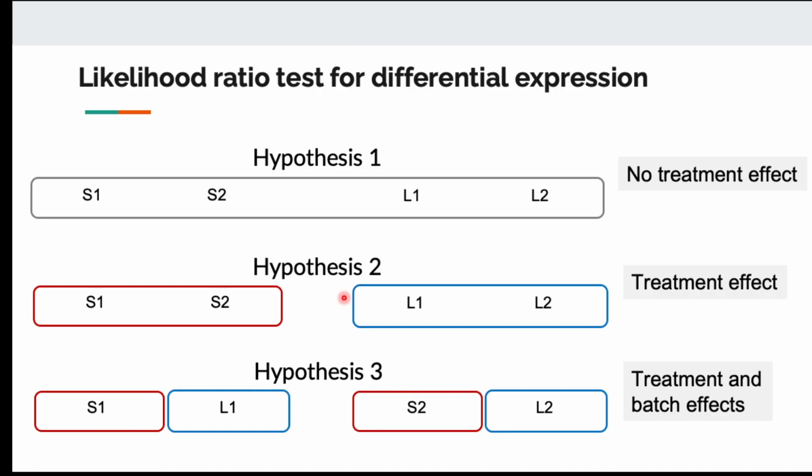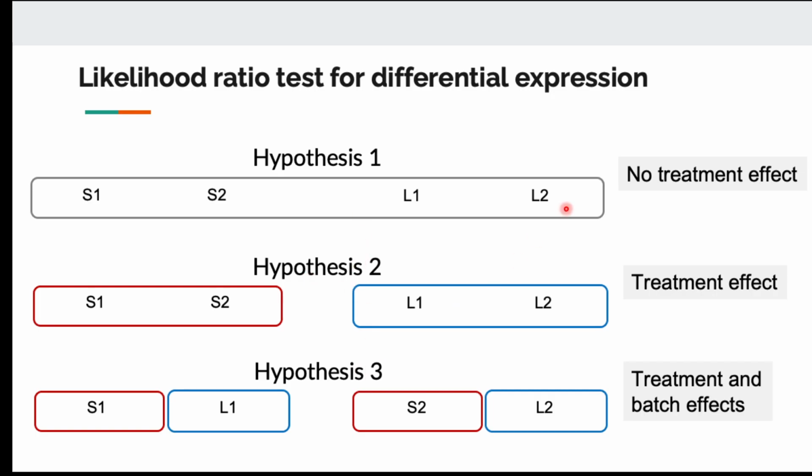But if your gene is different between S and L, your hypothesis 2 might fit the data better. But if your gene not only differs between S and L, but also differs between batches, your third hypothesis might give you the best fit. So you can compare the likelihood using the principle that we talked about before to identify which hypothesis to accept.